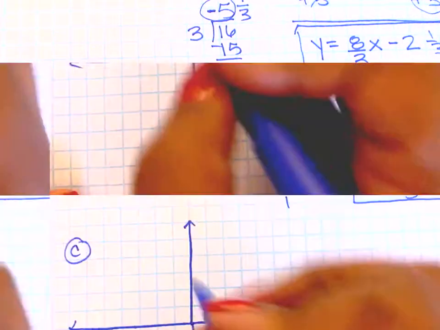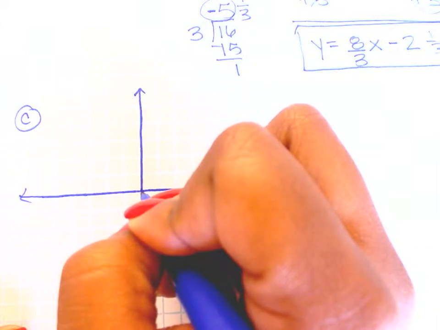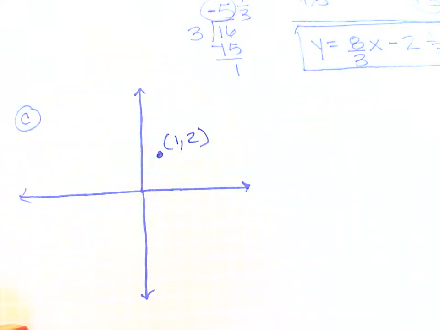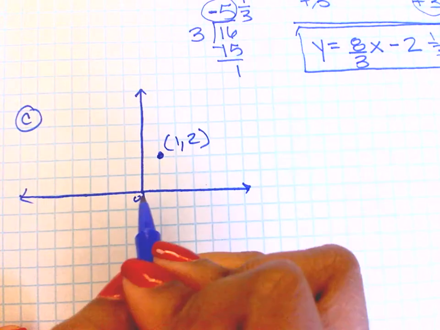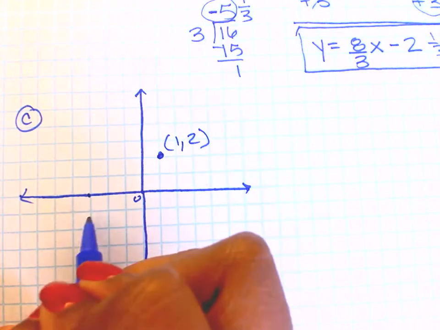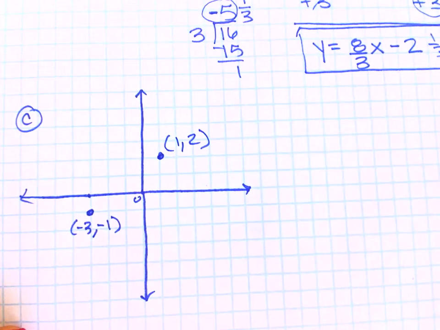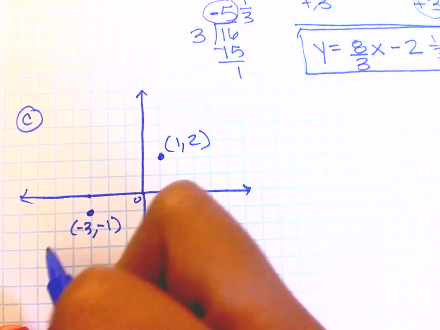Now on that graph, they have, let's see, 1, 2. This is 0. And they have a point on -3, -1. And then they have a 1.